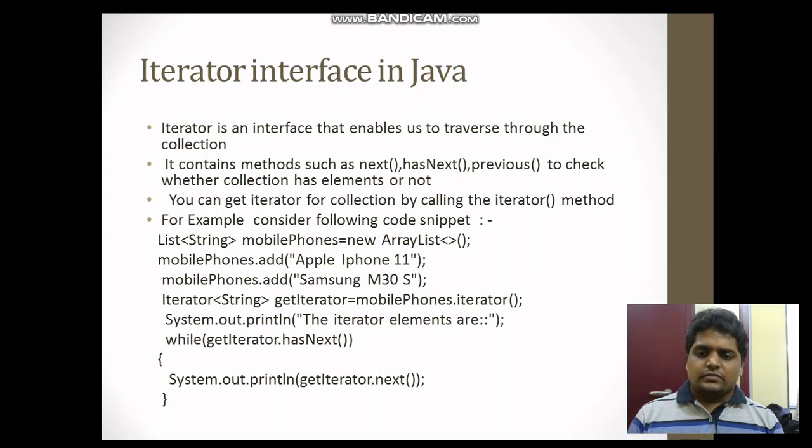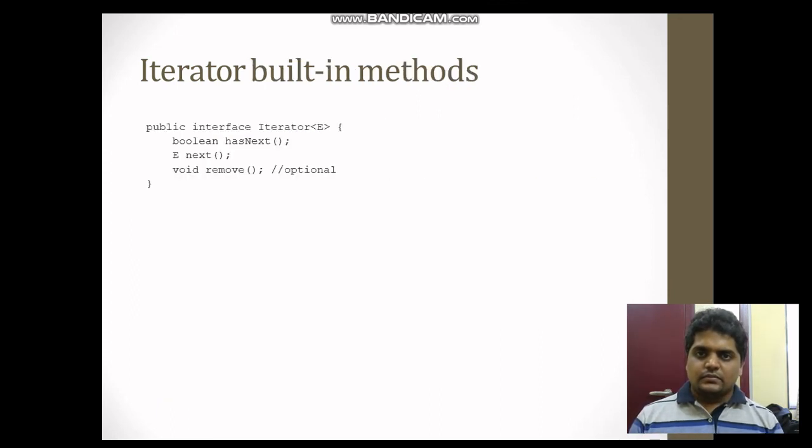So hasNext checks whether elements exist in the iterator, and next will return the next element from the iterator, as the literal meaning goes. The output will be Apple iPhone 11 and Samsung M30s. Using the iterator, we have navigated through the list. That's the importance of iterator.